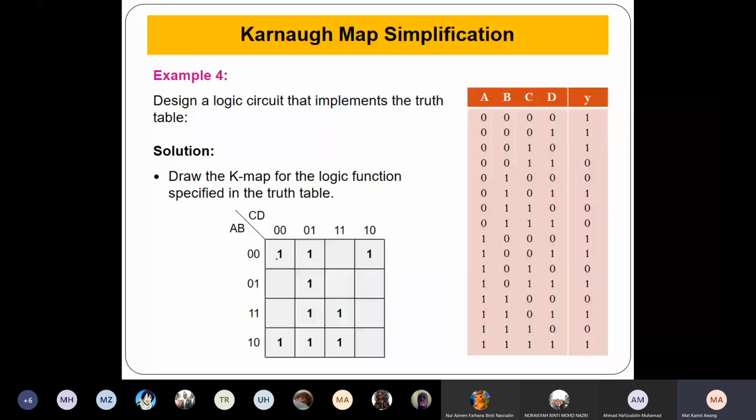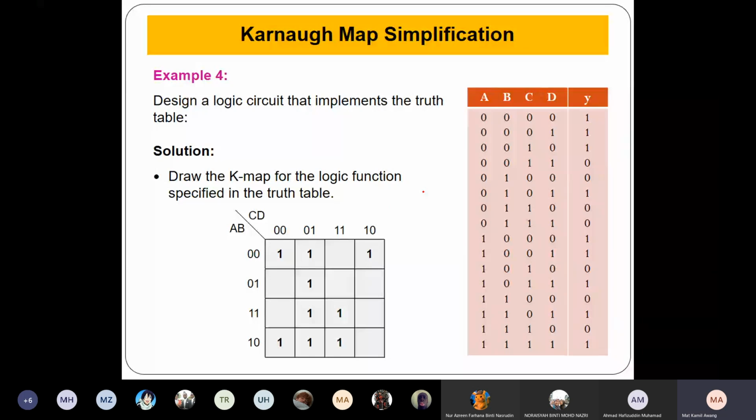You fill out the cells with a value of 1 from the truth table. So these are the truth table values that you have.